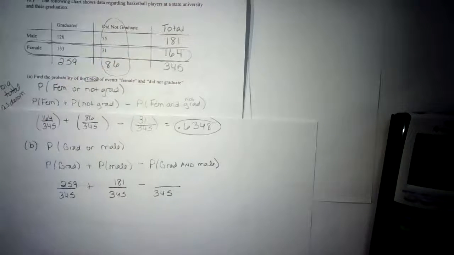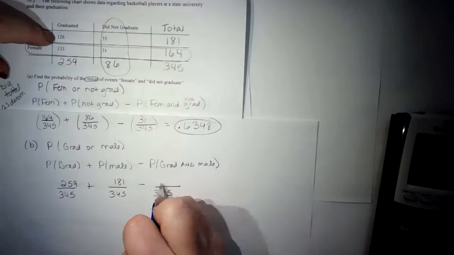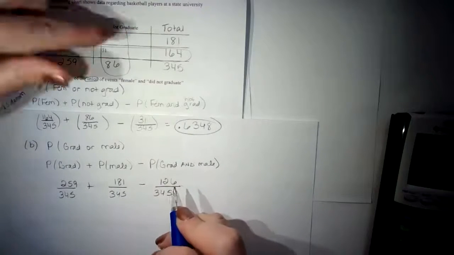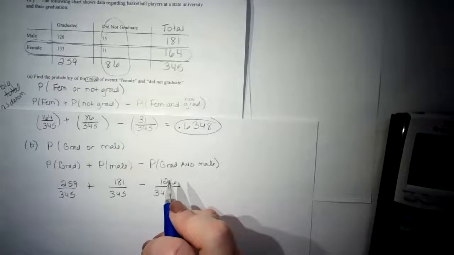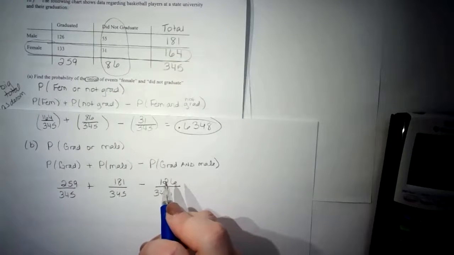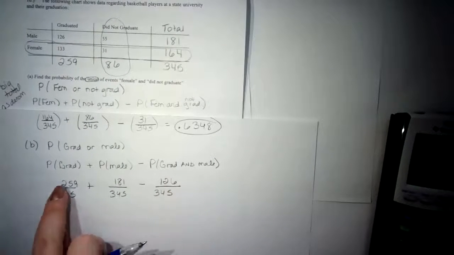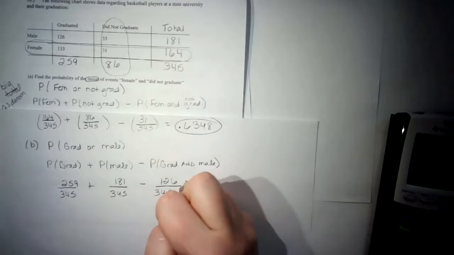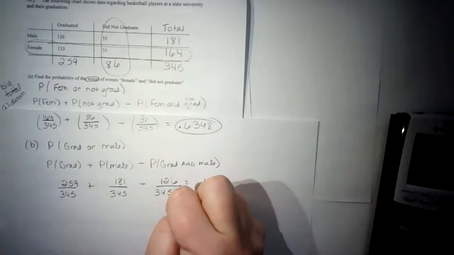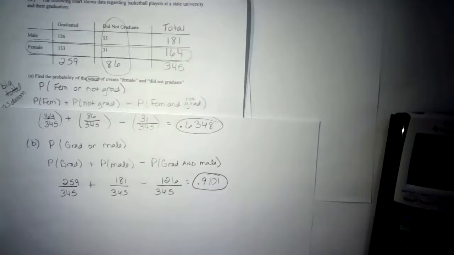And we're going to subtract out the males who are graduates, 126, because again, we counted that number twice. Does that make sense? Then you can put these in the calculator any way you want to. You can just do the numerators and divide once if you wanted. And I got 0.9101. And there you go.